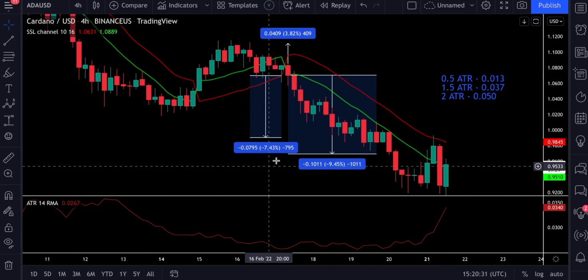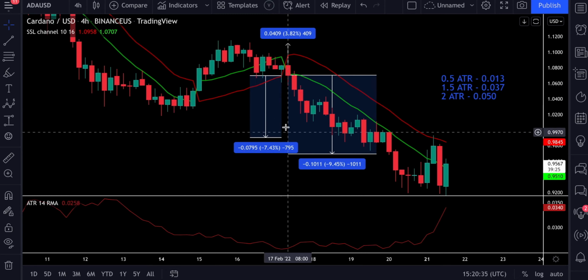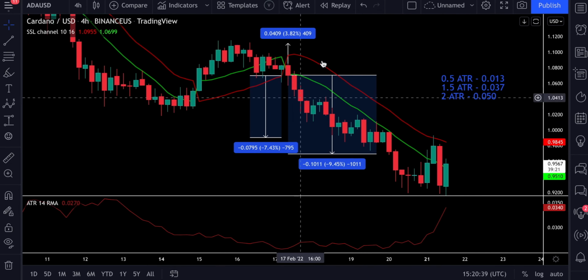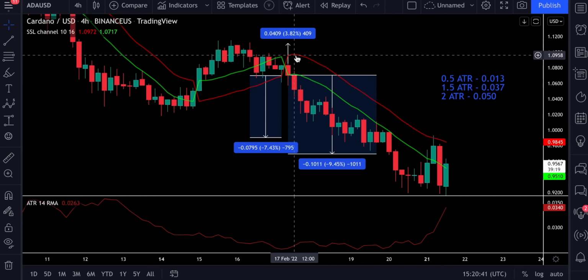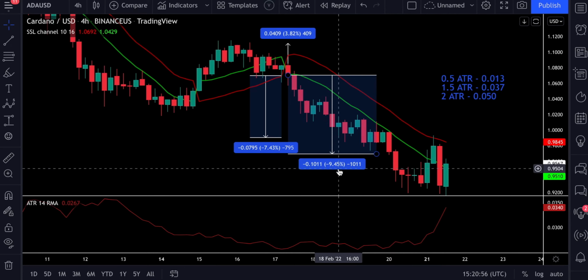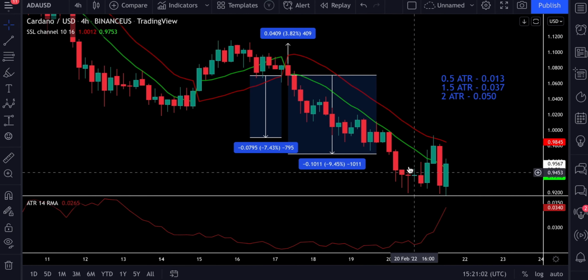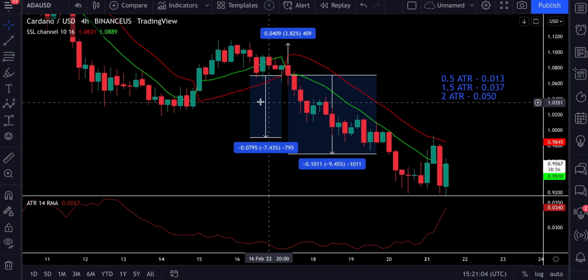So there we go. 7.43% gains, if the price hits your take profit level, it doesn't go back, it doesn't retract and hit your stop loss. Comparing to 9.45% guaranteed gains. These gains are guaranteed if the price keeps moving in your favor. These gains are not guaranteed.